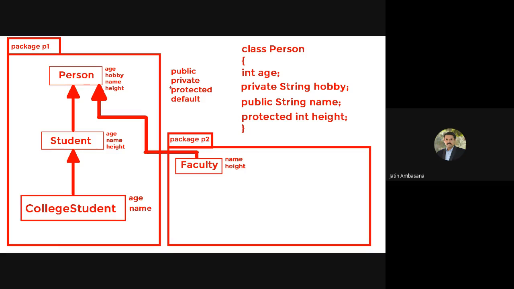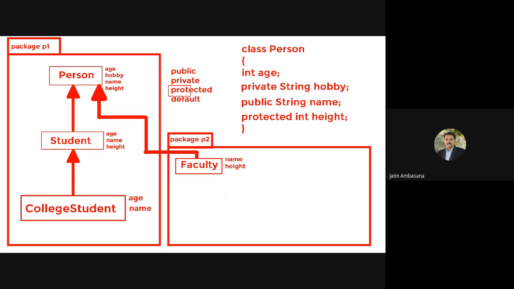But then there is somewhat restriction and less restriction also, like protected, where it says that it can be given to the direct subclass only, that may be in the same package or maybe in a different package, because the default property was not accessible in a different package. Understand?